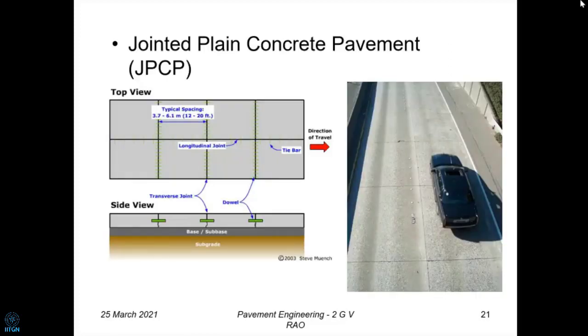Now, before we go further into the flexible pavements, let us quickly see the concrete pavements also, how they are composed. I think you remember that the majority of the pavements are of PCC, plain cement concrete, and then of course they are jointed.